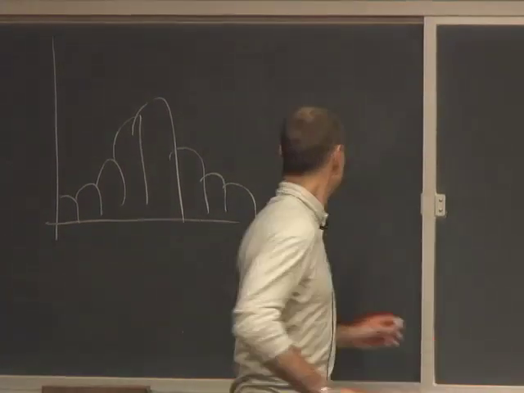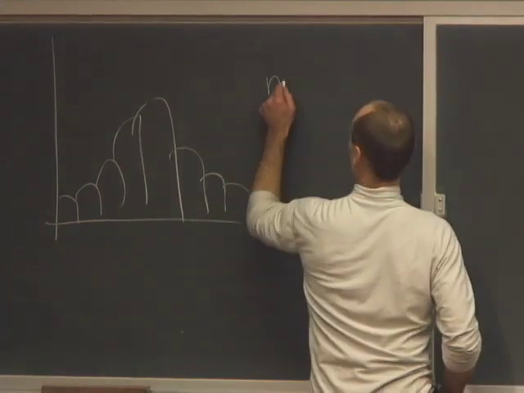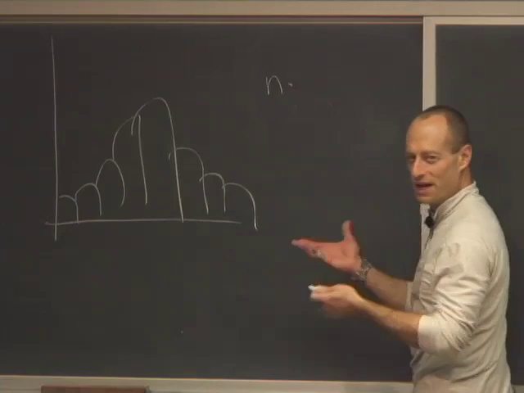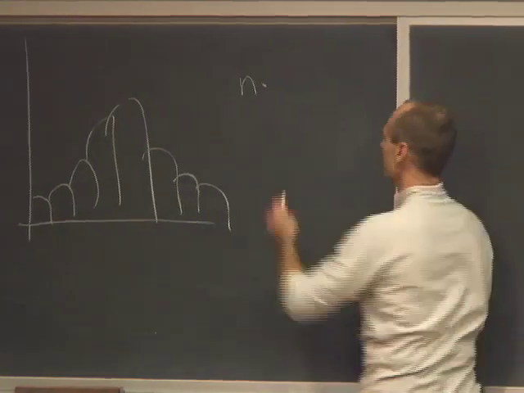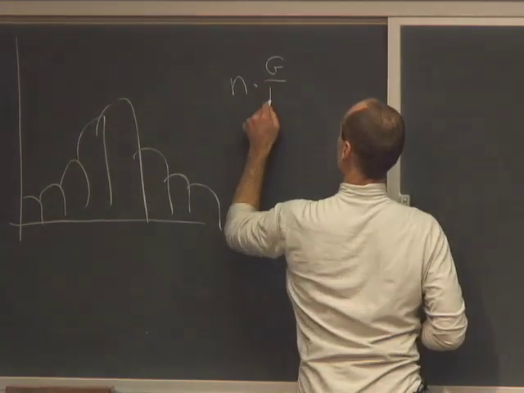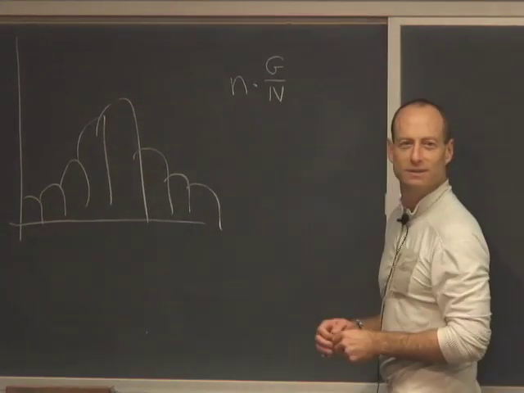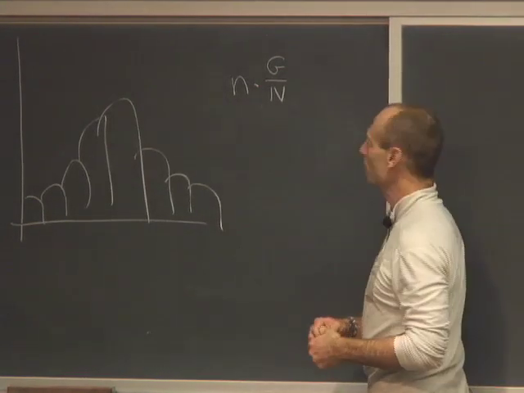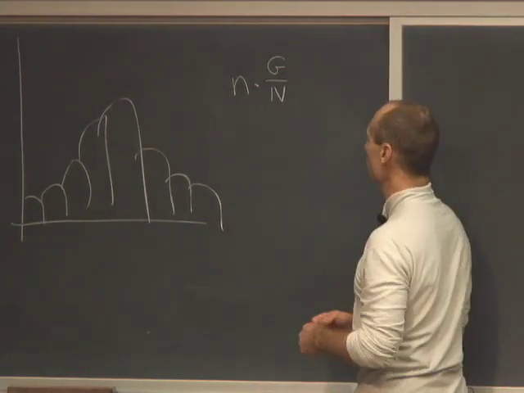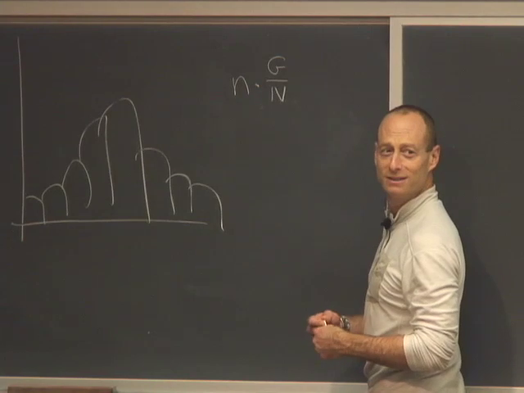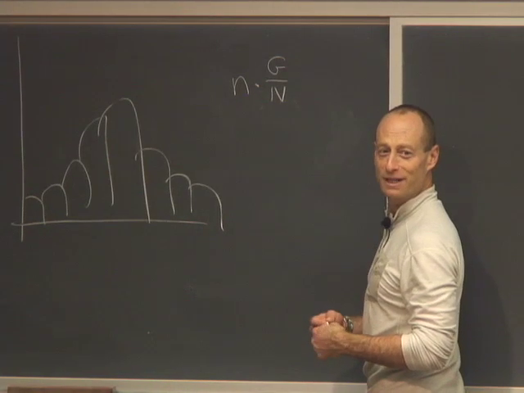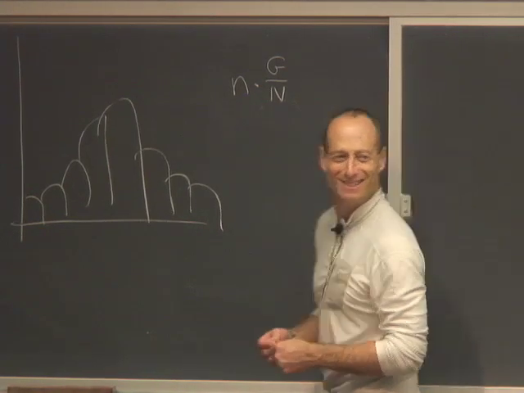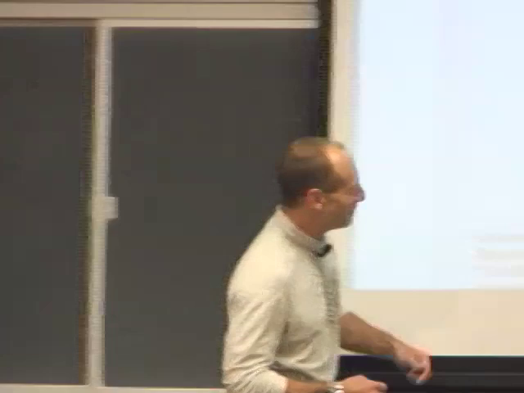So it's n times what's the analog of p, right? Okay, so we've got 30 times 0.3, which is something like 9.